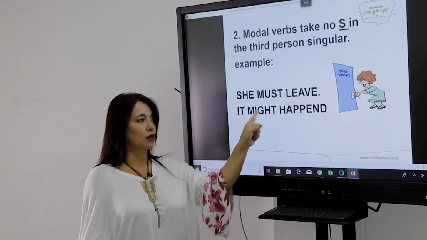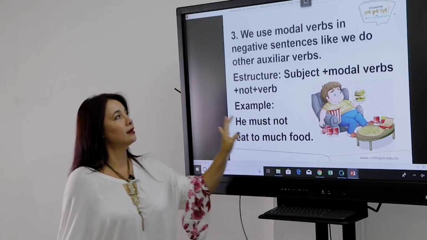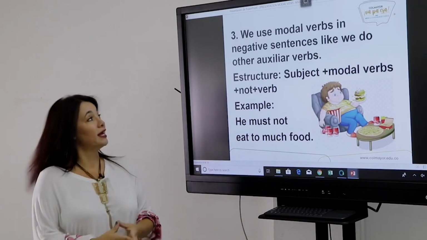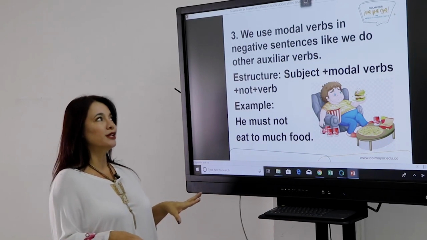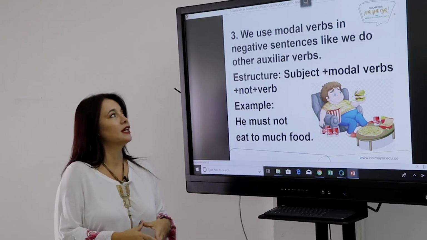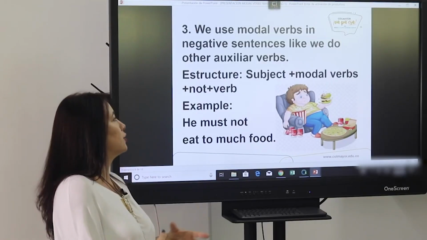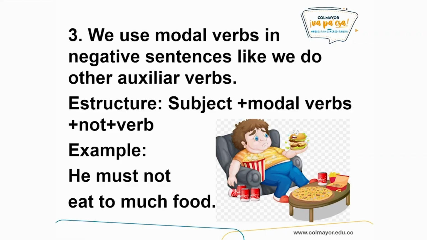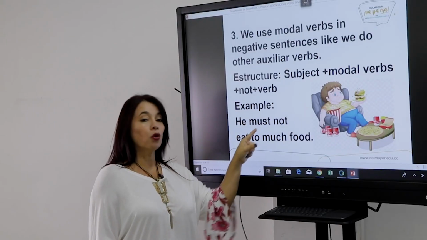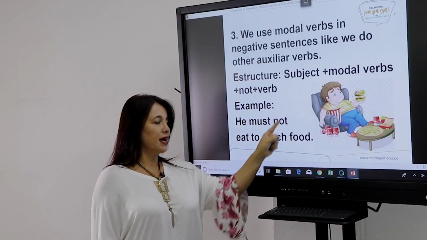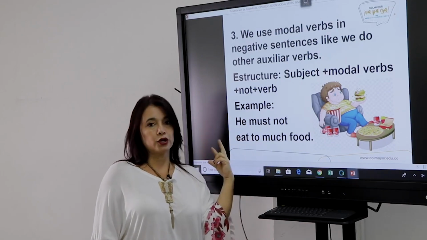No S, no S. The third rule is we use modal verbs in negative sentences like we do with another auxiliary. For example, we must not eat too much food. The structure is the subject, the modal, the negative, and the verb.